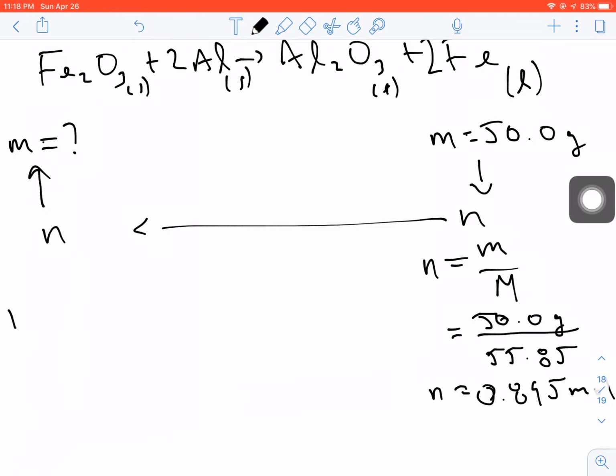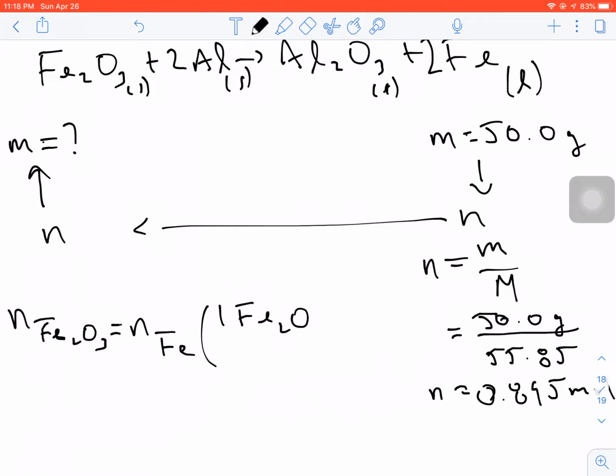To calculate my number of moles of iron oxide, it's going to be equal to the number of moles of iron times my mole ratio. I have 1 mole of Fe2O3 every time there are 2 moles of iron, right? 1 mole of Fe2O3 and 2 moles of iron.